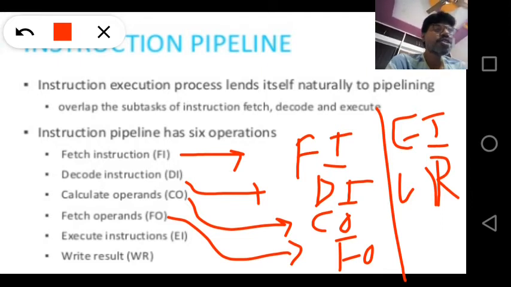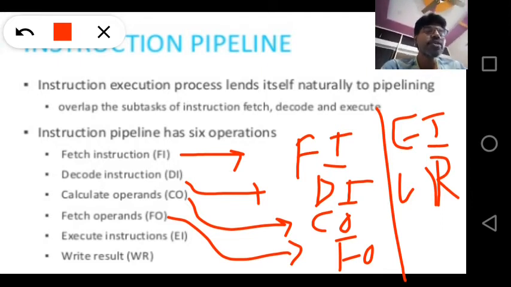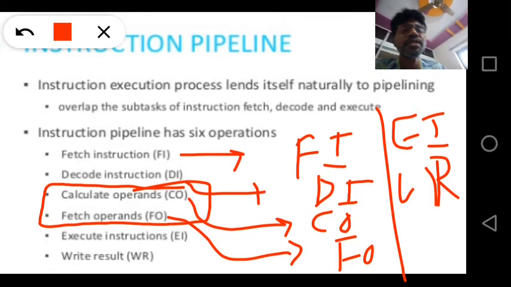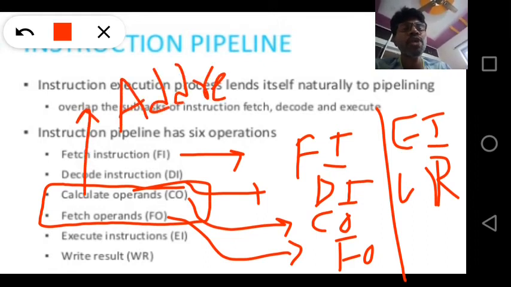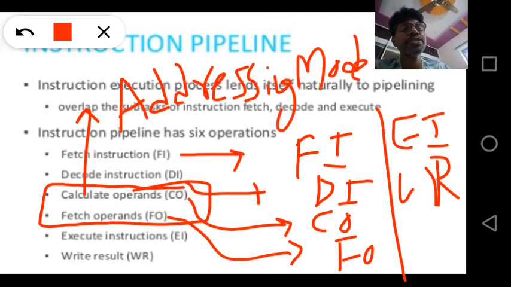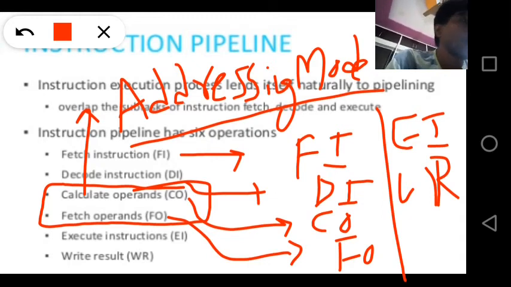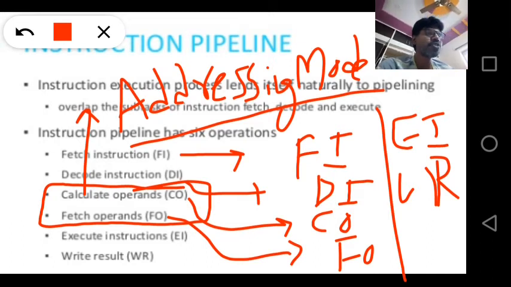So we know fetch, decode, execute, and store. Two new things have been added, that is calculate operands and fetch operands. Calculate operand is nothing but identifying what type of addressing mode the instruction contains. Accordingly, fetch it.